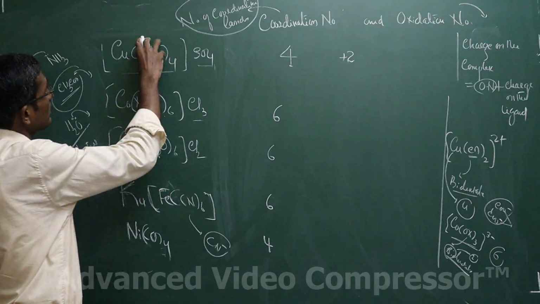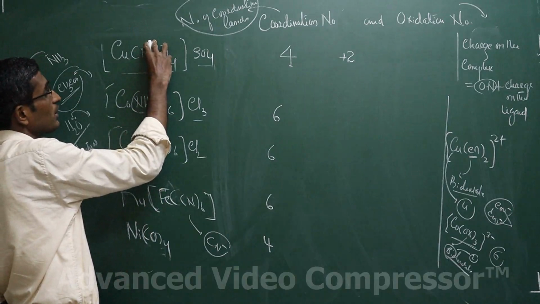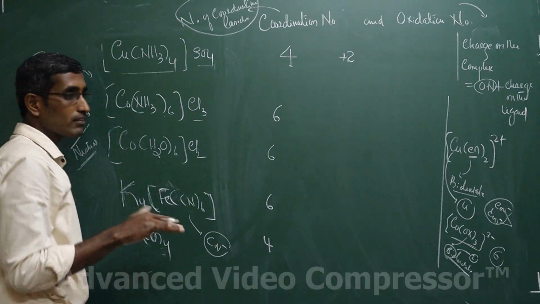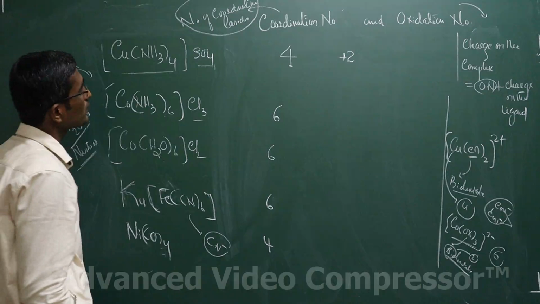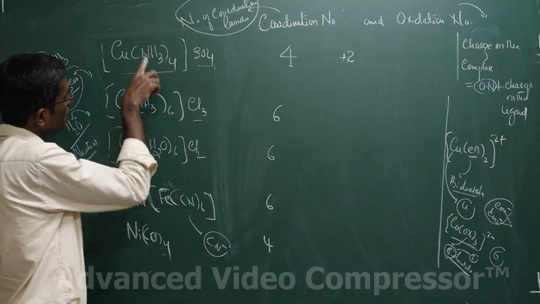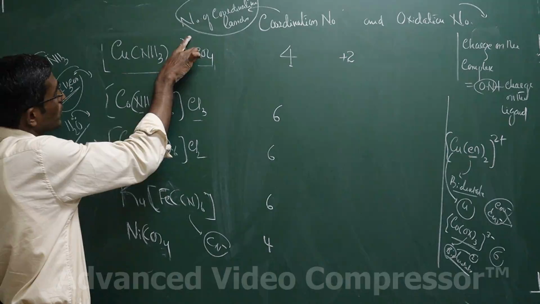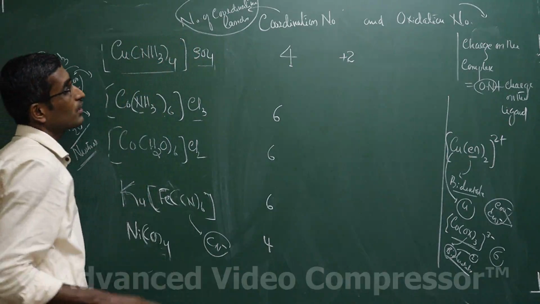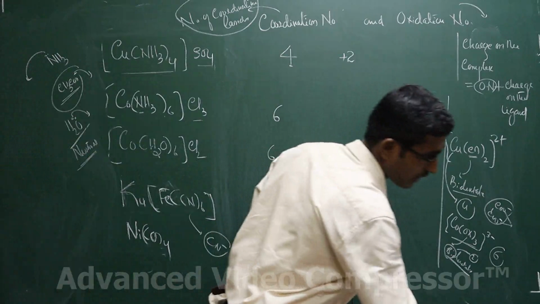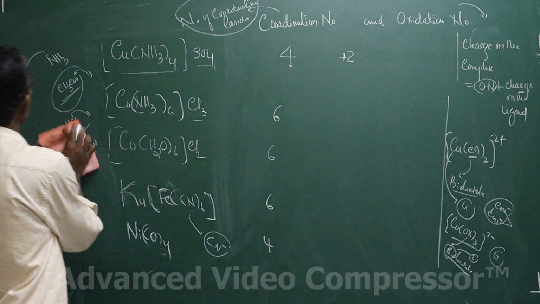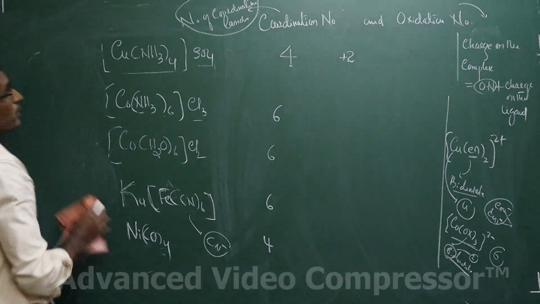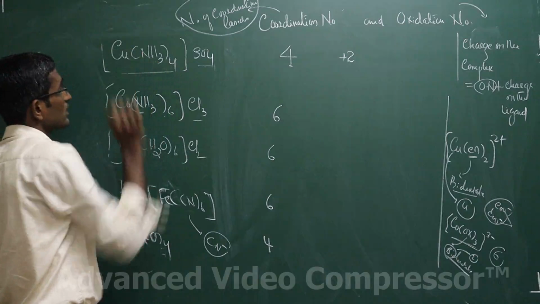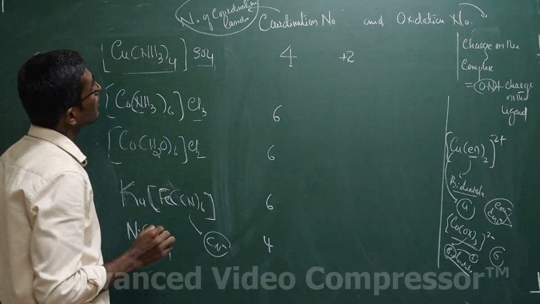A neutral ligand doesn't carry any charge, so it is not balancing the positive charge. Whenever you have only neutral ligands, the charge on the complex ion is equal to the charge of the central metal ion, because the ligand is not counteracting the charge of the central metal ion.